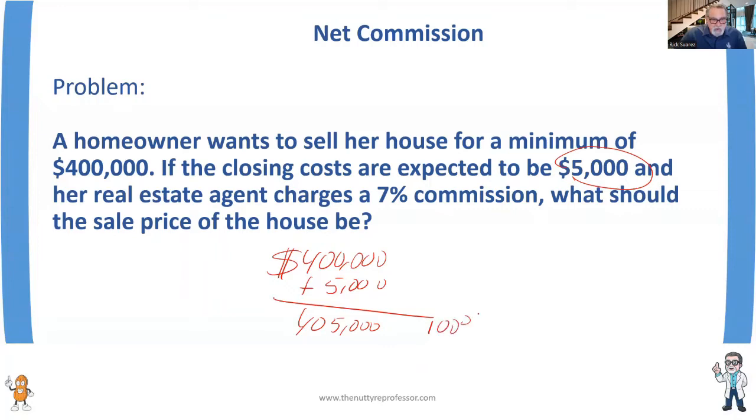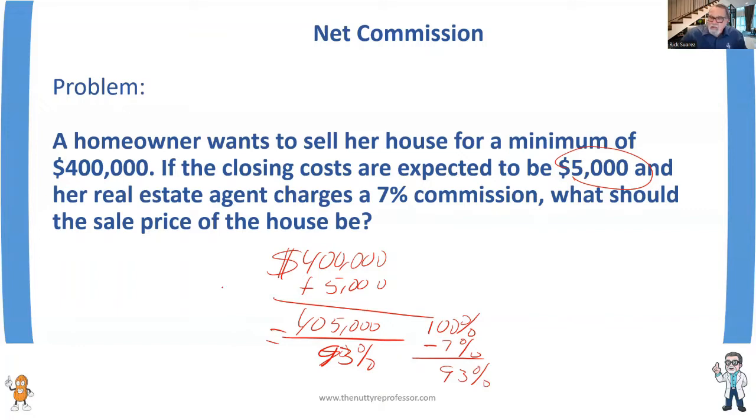At this point, this represents 100%, but we are charging a 7% commission. So we subtract 7% commission, we're left with 93%. And then the only thing that's left is to divide 405 by 93%.